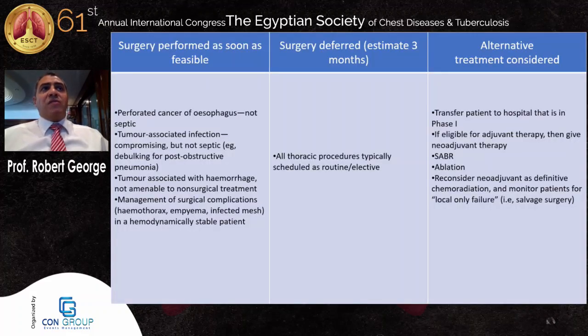For example, those who have perforated cancer of esophagus, tumor-associated infection, tumor-associated hemorrhage, and management of surgical complication. All surgical procedures typically scheduled as routine or elective can be deferred in phase 2 for another 3 months.